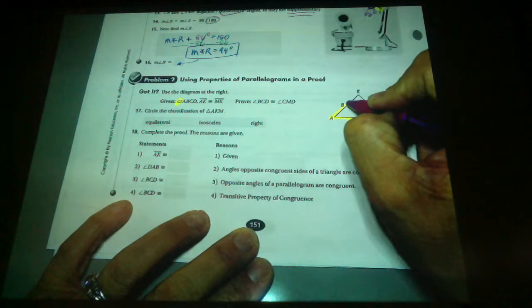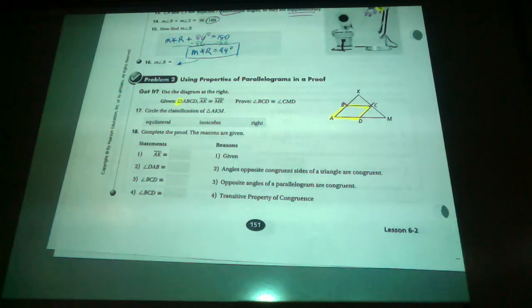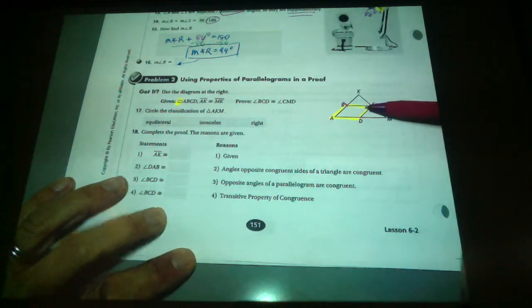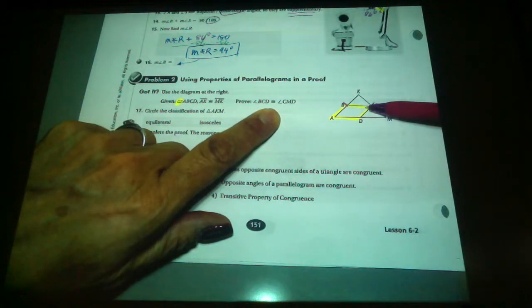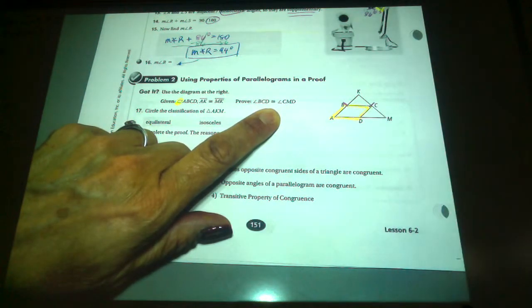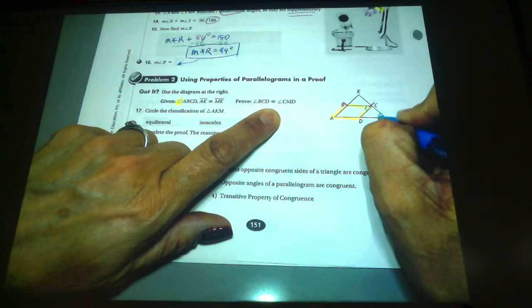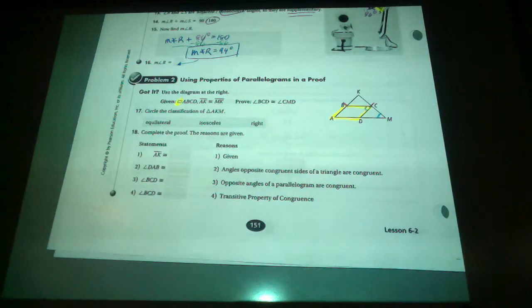So this segment here is congruent to that segment there, the whole segment. We have to prove that angle BCD, this angle here, is congruent to angle CMD, this angle here, that this angle here is congruent to that angle there, somehow.